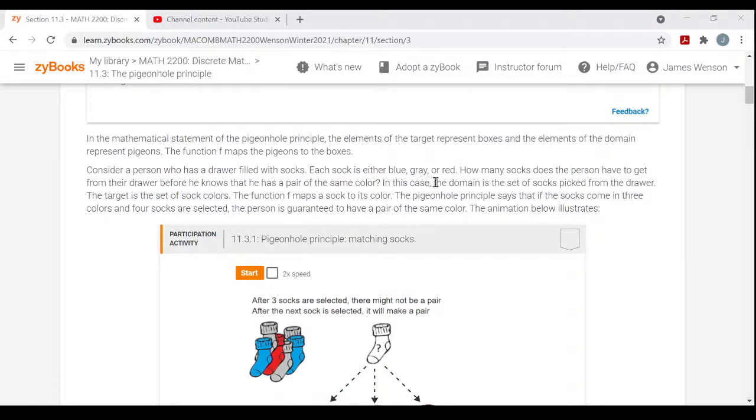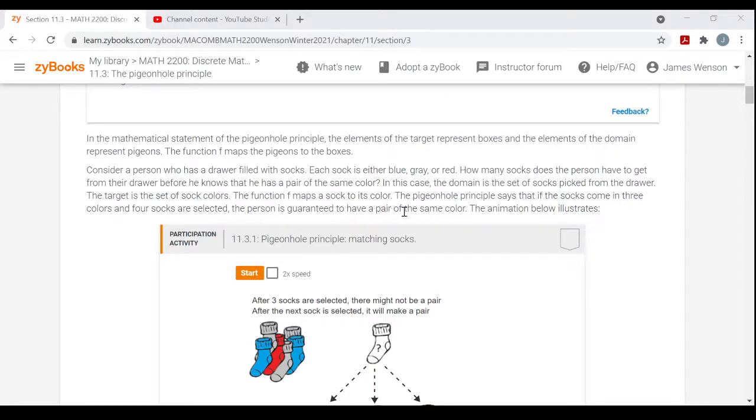So in this case, the domain is the set of socks picked from the drawer, and the target is the set of sock colors. The function f maps a sock to its color. The pigeonhole principle says that if the socks come in 3 colors and 4 socks are selected, the person is guaranteed to have a pair of the same color.